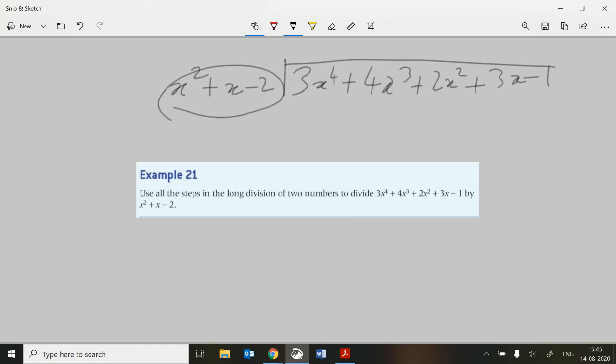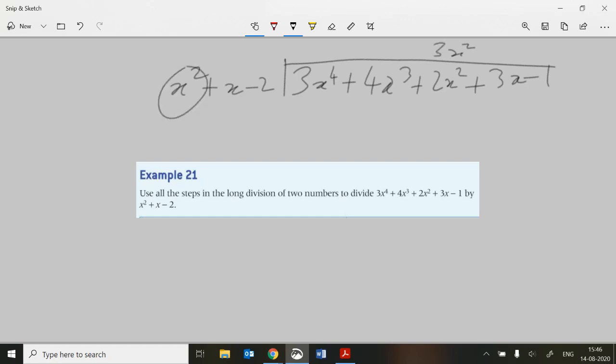Now, we don't have to write down the times table for this now, but what we're going to do is say we're going to do this into this. Okay, well, x squared into 3x to the 4 is where we're going to start here. Right, so x squared into 3x to the 4, I'm going to put that in the x squared column, and 3 lots of x squared, in fact.